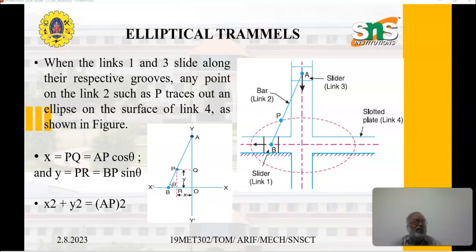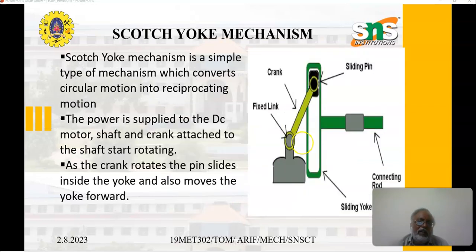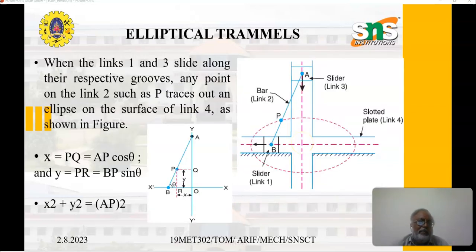So here x is equal to PQ, that is AP cos theta, and y is equal to PR, that is BP sin theta. That means x squared plus y squared is equal to AP squared. Similarly, you can understand the elliptical trammel.